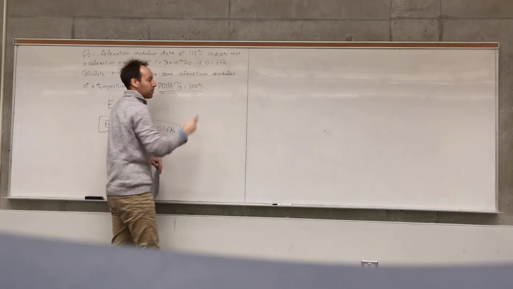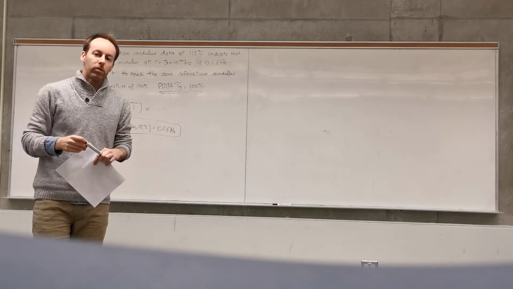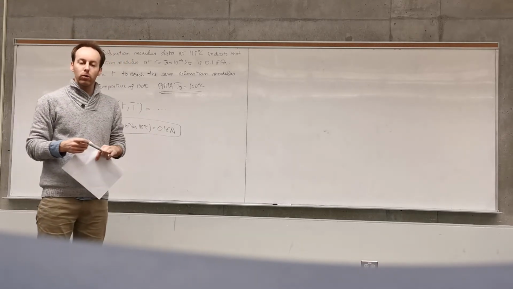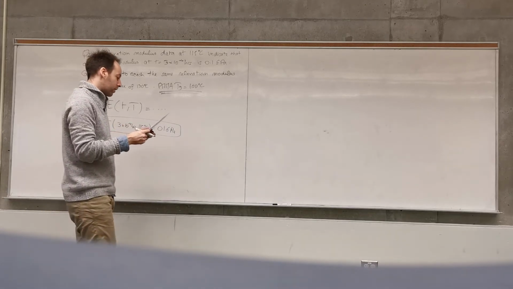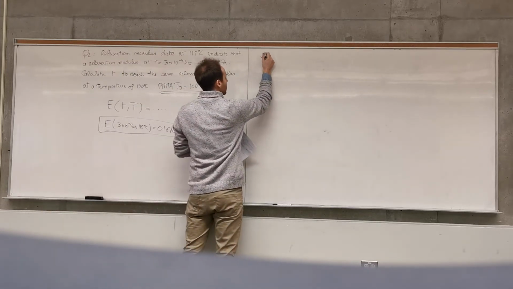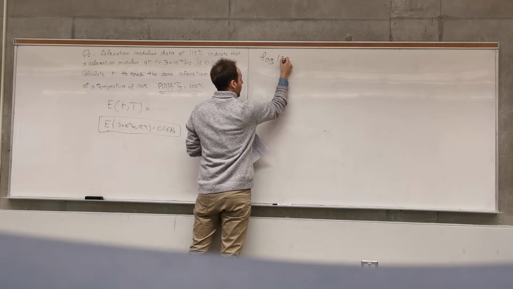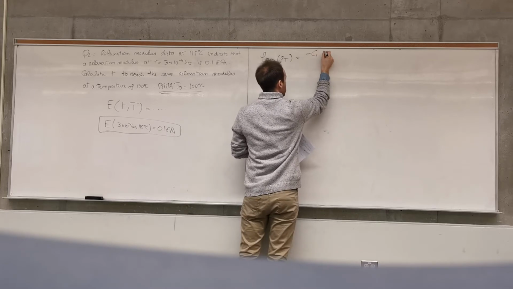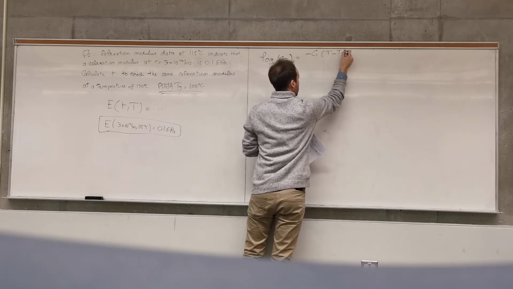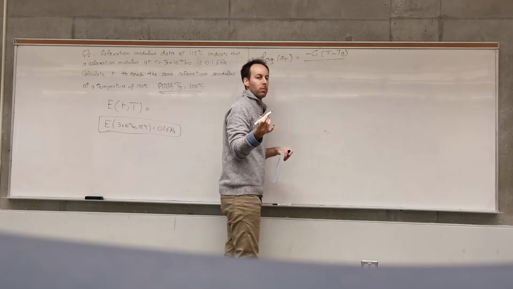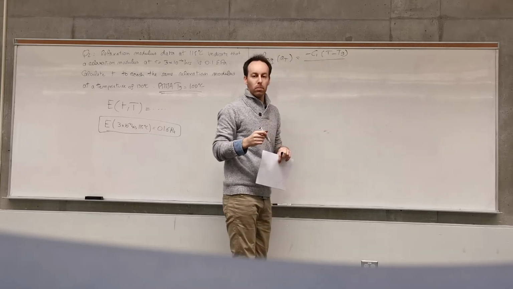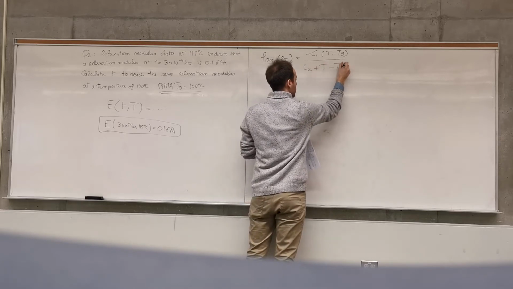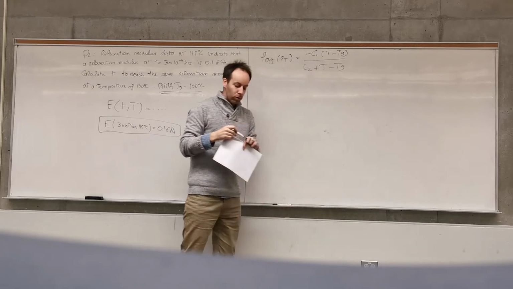for the polymer to reach this relaxation modulus of 0.1 gigapascal. If you remember, in the last tutorial I introduced the concept of the WLF equation. This WLF equation states that the log of aT is equal to minus C1 times the temperature of the polymer minus the glass transition temperature of the given polymer, divided by C2 plus that same difference.